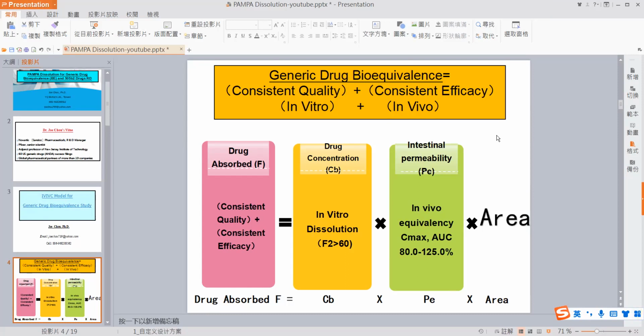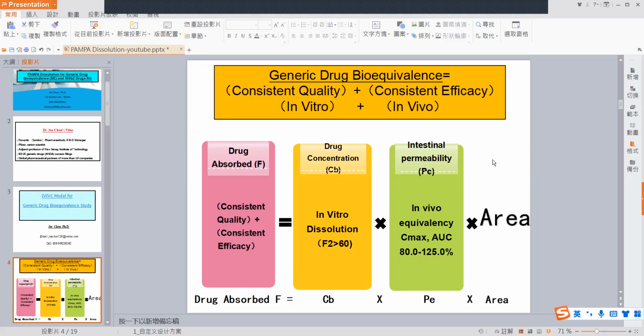However, in this PPT, we would like to show a more scientific way of predicting the bioequivalence of test versus reference, so this equation has been developed in terms of IVC.